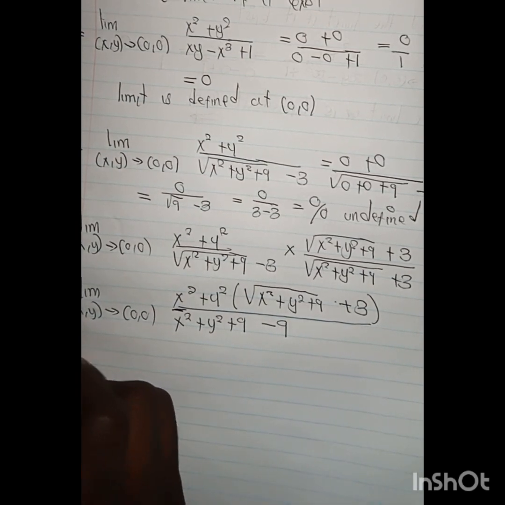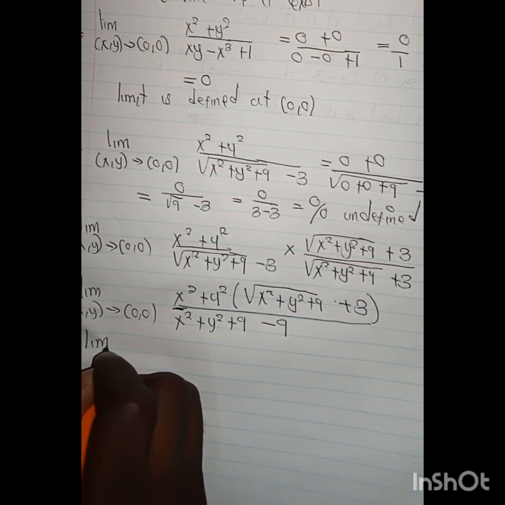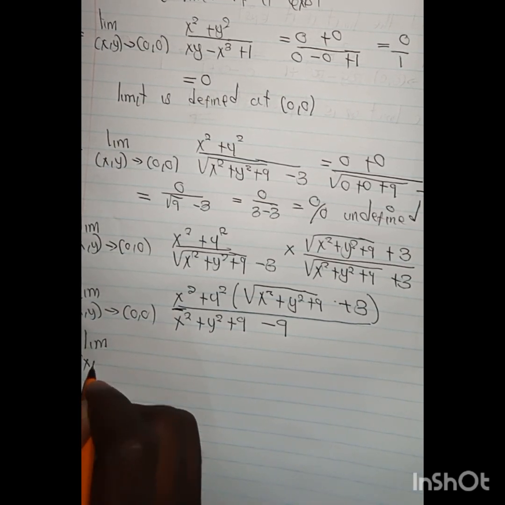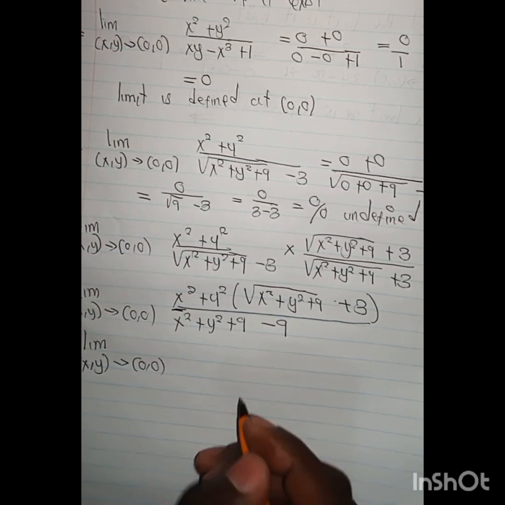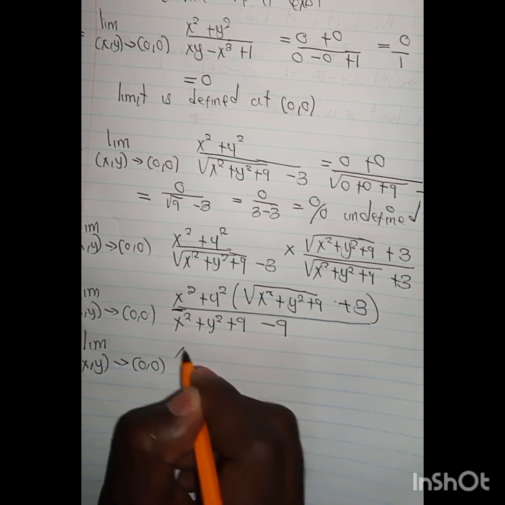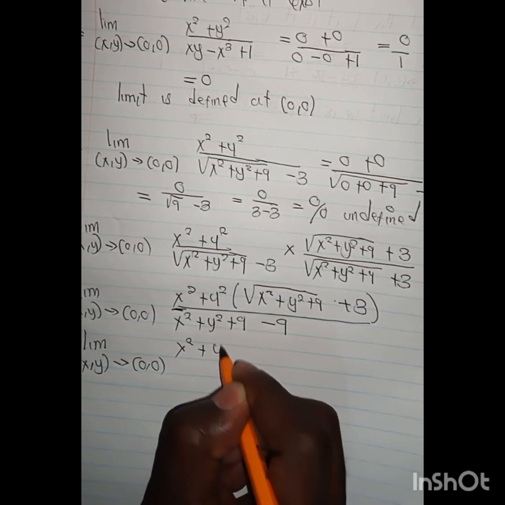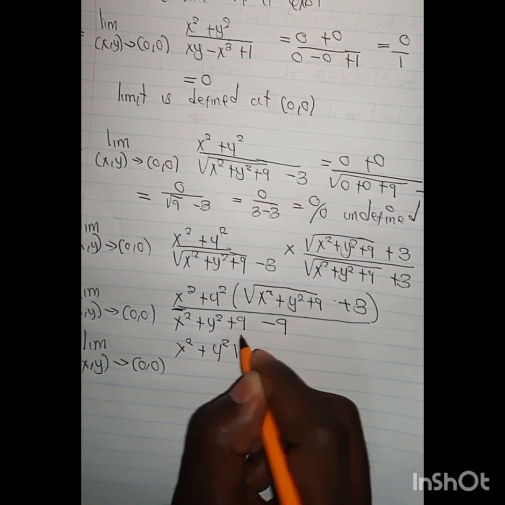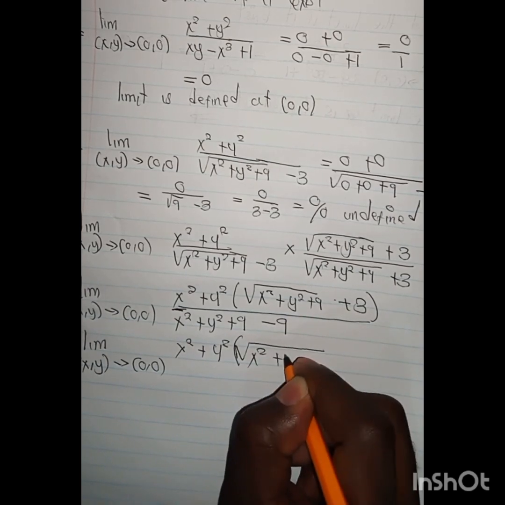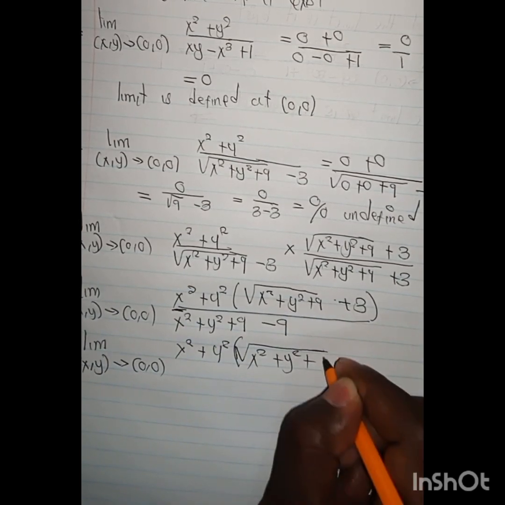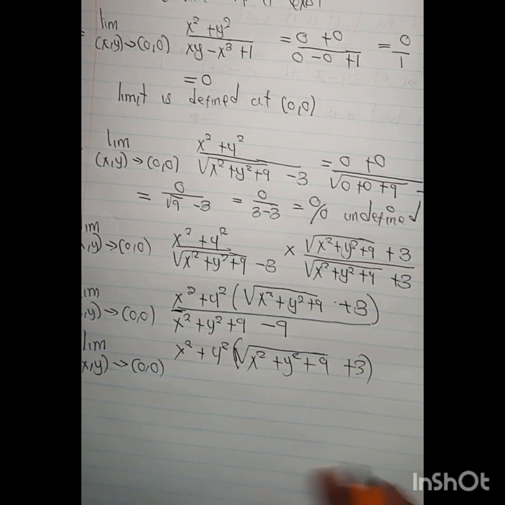And then I will have the limit as x, y approaches 0 of x squared plus y squared, everything inside the square root is x squared plus y squared plus 9 plus 3. 9 minus 9 is the same as just a 0.